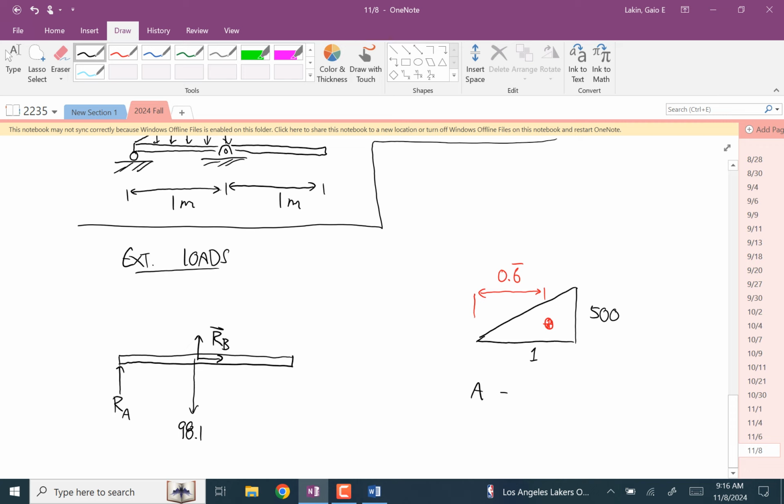And the area, the point force representing this, is 1 times 500 divided by 2, so 250 newtons. And so this force is over here at 250.